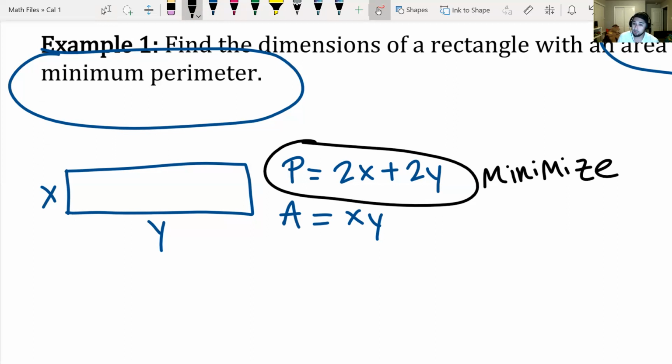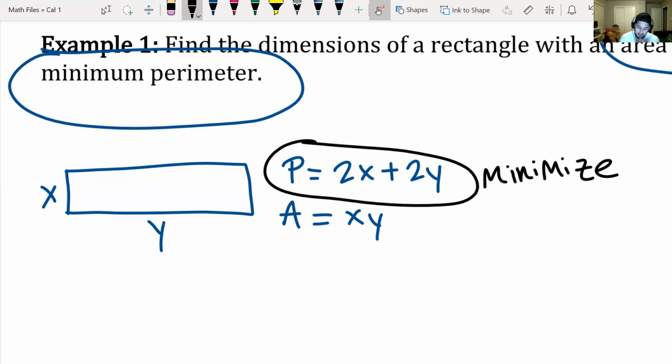You can put this all in terms of x, or you can put this all in terms of y, which means I could make a substitution for x, or I can make a substitution for y. Well, what we are normally used to is just putting the equation all in terms of x. So for now, our goal is to replace this y value.